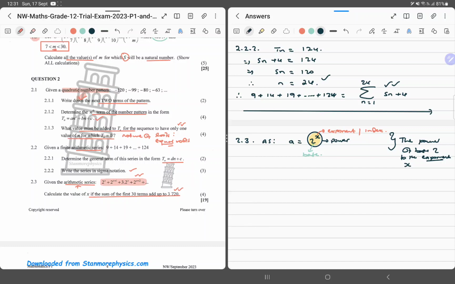I know there's something we call ordinals or degrees. We talk of the 5th degree power, 4th degree power, 2nd degree power. For example, if you've got base 2 to the exponent 2, this is the 2nd degree power. How do you tell the degree? It's by the exponent. If the exponent is in the order of 2, then you're going to say that is the 2nd degree power.